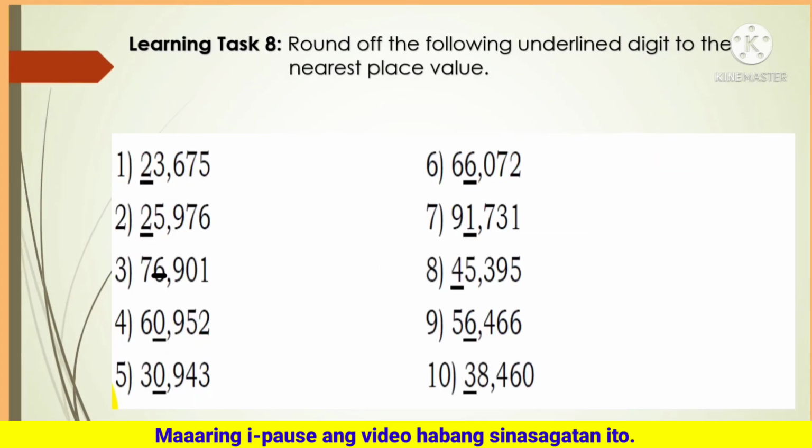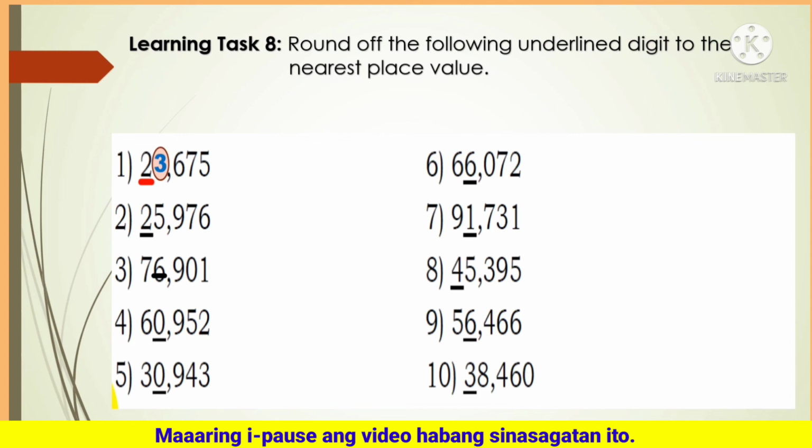Learning Task 8. Round off the following underlined digit to the nearest place value. So, sasagutan ko ang number 1. So, we have 23,675. At ang may guhit dito ay 2. So, ang gagawin natin ay i-check natin ang kasunod ng 2 or yung nasa kanan niya. So, ito ay 3.